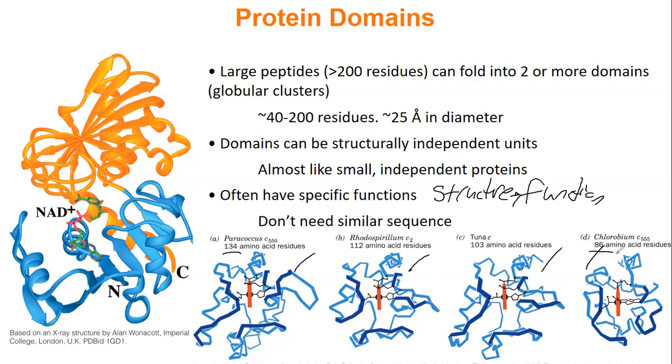However, when you look at their 3D shape, if you squint, they look very identical to each other. So they probably have the same function because they look the same. When we're talking about what a domain does, we care about what it looks like. We don't care about the amino acids inside of it.